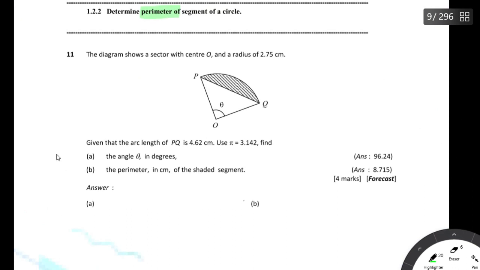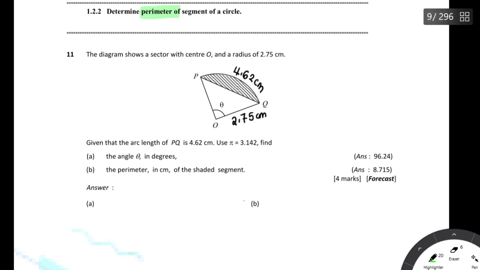Question 11. You are given a sector with center O, and radius is 2.75 cm. Given the arc length PQ is 4.62 centimeter. Using pi 3.142, find theta.